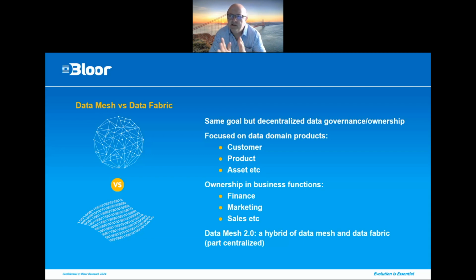And the idea is that in the data mesh world, that ownership and governance is fundamentally devolved into distributed business units. The idea with data fabric is that governance is essentially managed on a more central basis. So that's really the core difference between the architectures.